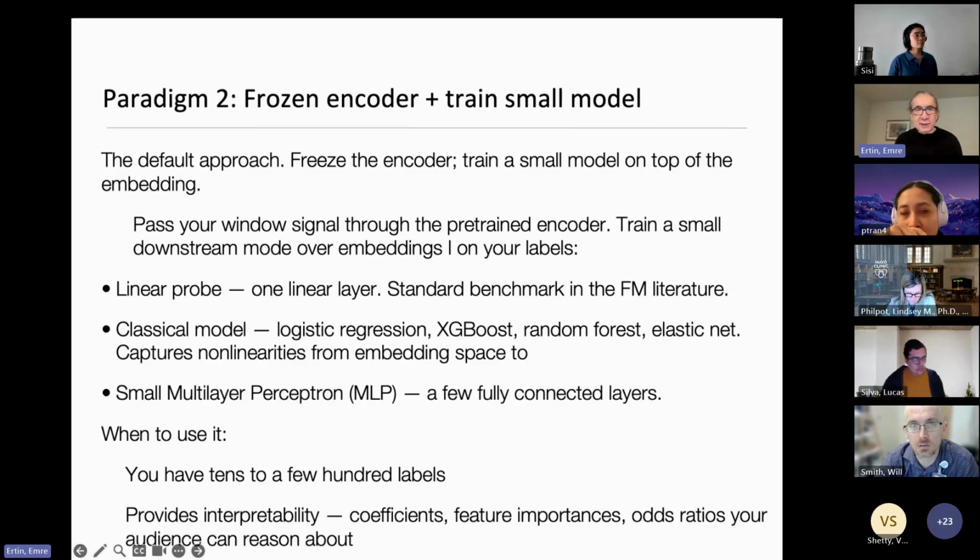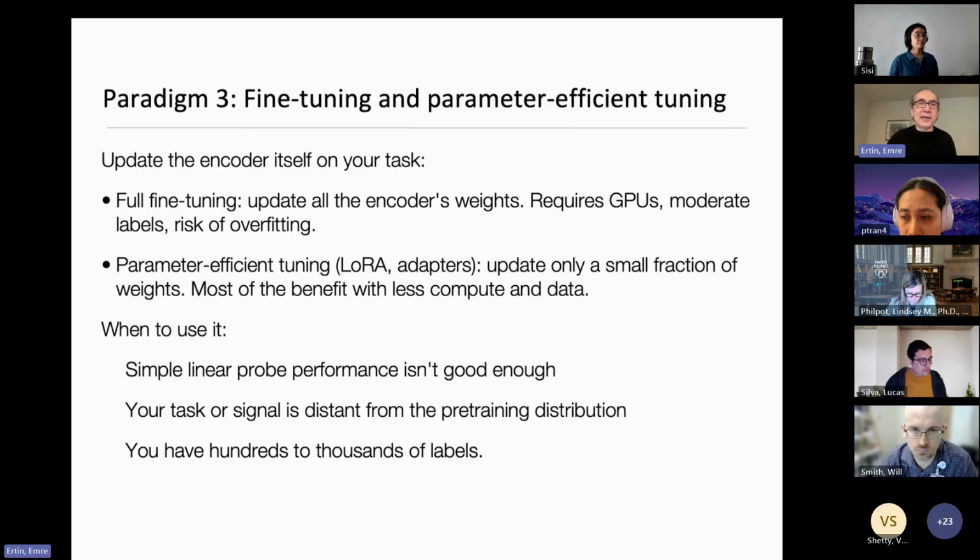We can use these if we have 10 to a few hundred labels, because we still need to train that tiny classifier on top of it. But it's nice because it provides all the classical features of interpretability, of coefficients, what feature is more important, odds ratios, etc., which we might care about.